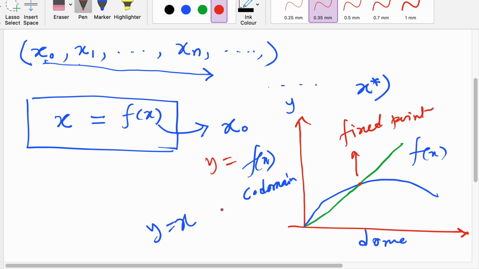In terms of mathematics, if I start from any initial condition, suppose I start from x0, and this is x star. Under multiple iterations, whether this iteration asymptotically approaches this point or not.